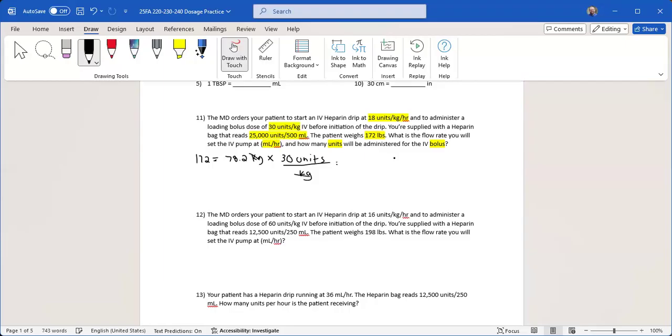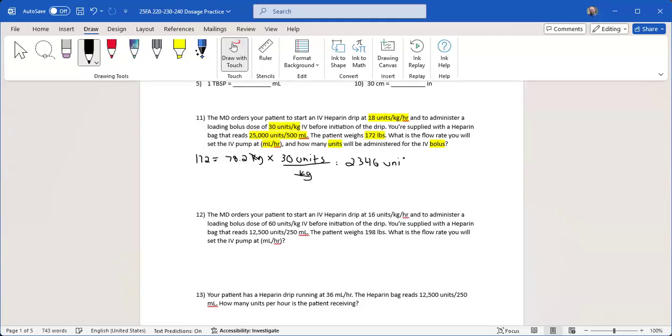And then 78.2 times 30 would give me 2,346 units. So that's what we would administer. Apologize for my mouse writing. Okay. So that's how many units.